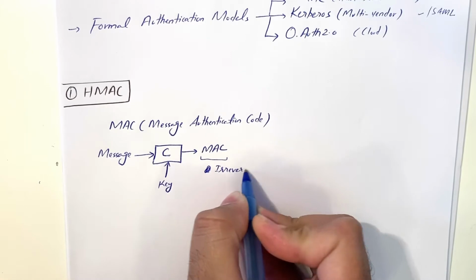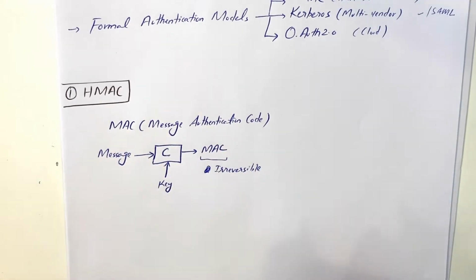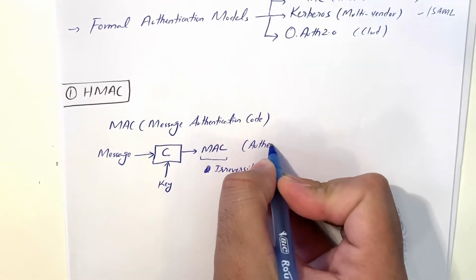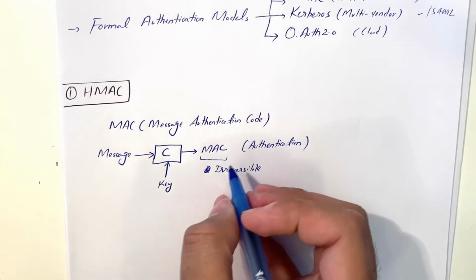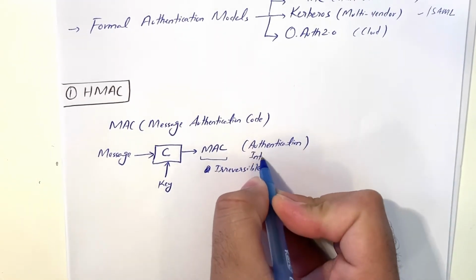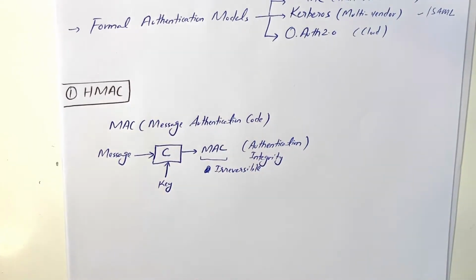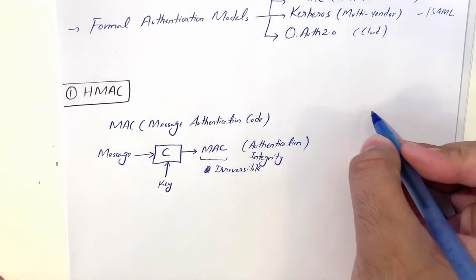Irreversible means if anybody has your MAC, they cannot extract the message. The only thing we can do with the MAC is perform authentication of the sender, or the receiver can also be authenticated. We can also protect the integrity of the message, so that the message has not been altered during communication. Same thing as in the case of hash.